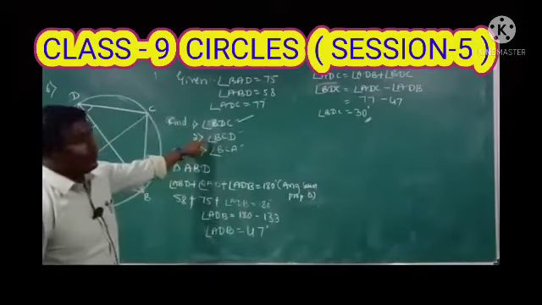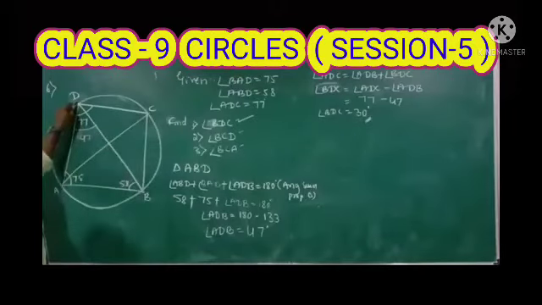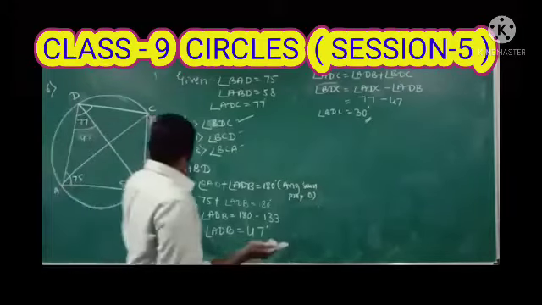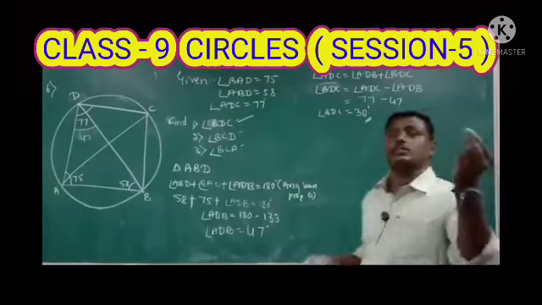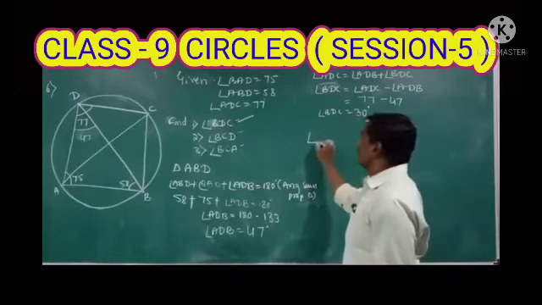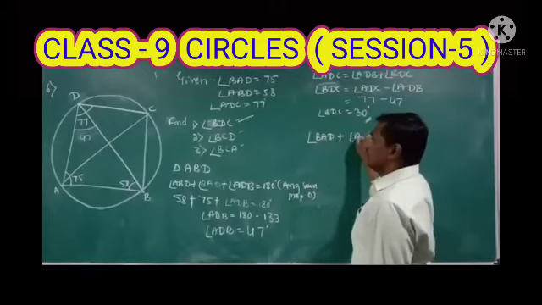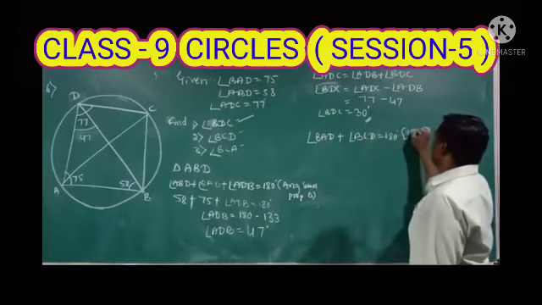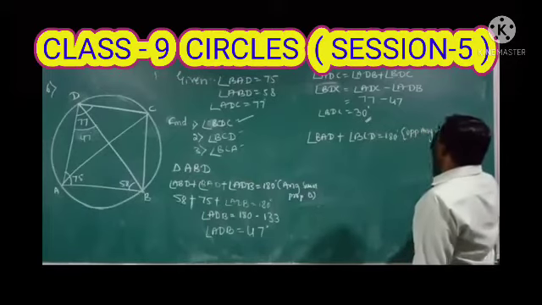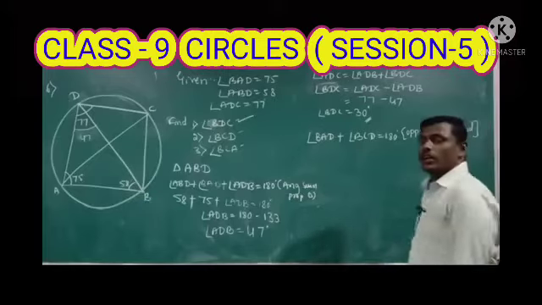Next, find angle BCD. How can you calculate angle BCD? ABCD is a cyclic quadrilateral, which means angle A and angle C are opposite angles of the cyclic quadrilateral, which always make a supplementary pair. So angle BAD plus angle BCD is equal to 180 degrees. Reason: opposite angles of a cyclic quadrilateral are supplementary.